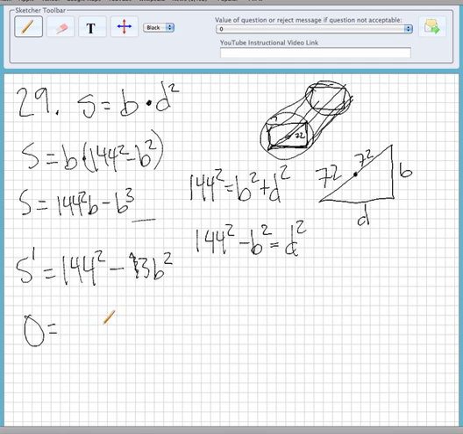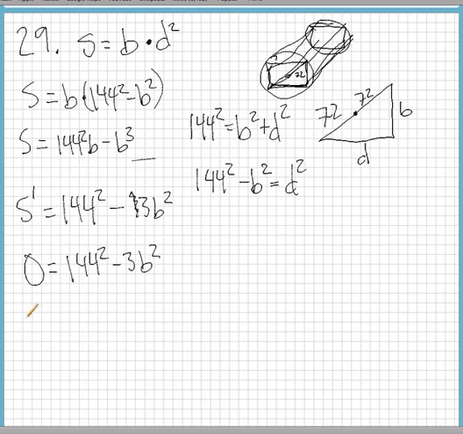Well, 144 squared minus 3b squared. And then, so we'll say minus 144 squared is equal to negative 3b squared.